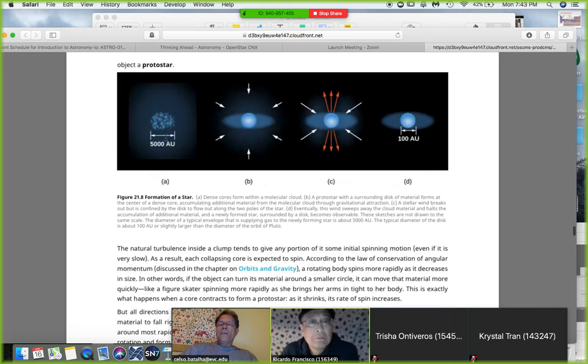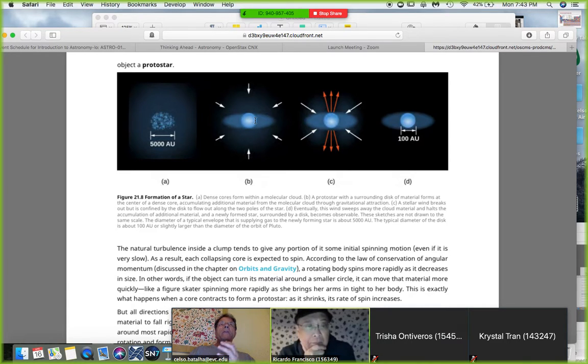So you have a clump of gas, relatively large, 5,000 AU, if you will, and then gravity takes place, and then contraction takes place. Now, not only does gravity take place, but we also have to include in this narrative that the clump itself has some initial rotation, and astronomers name that angular momentum.